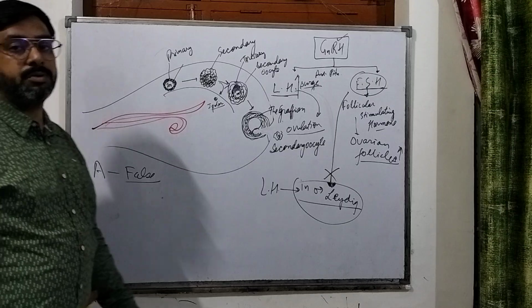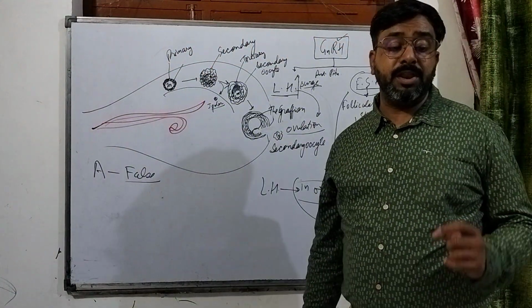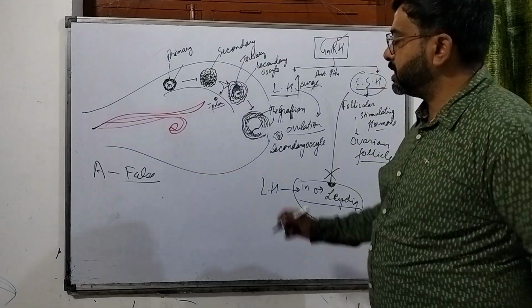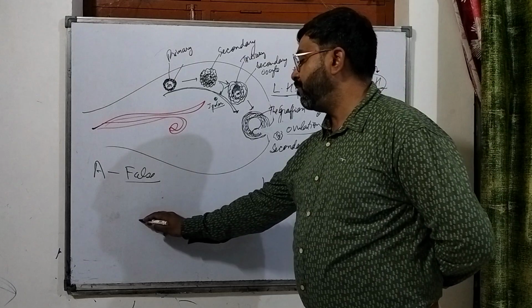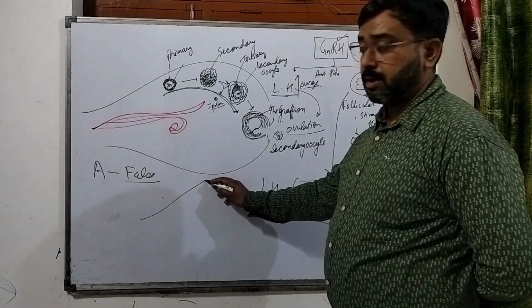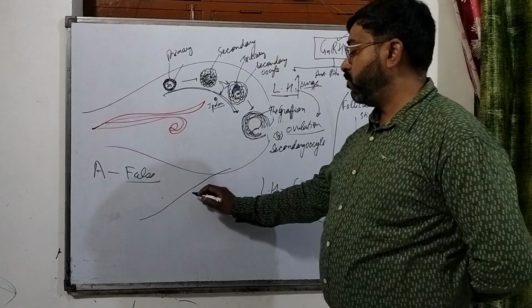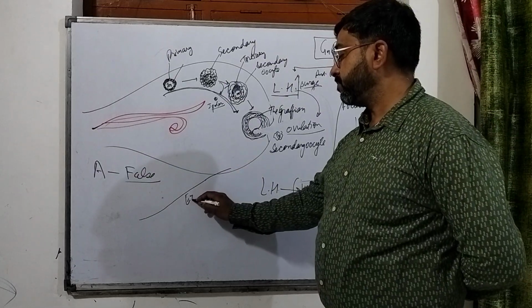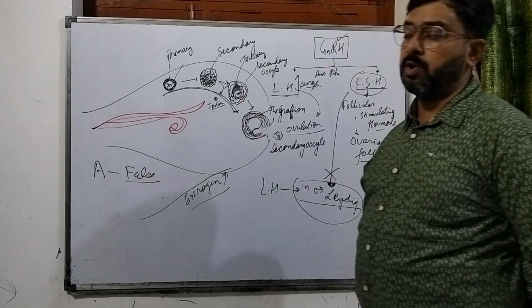Now we will check the reason. I am reading the reason. It says growing ovarian follicles secrete estrogen. Yes, these growing ovarian follicles will increase the level of the ovarian hormone, which is estrogen. So the estrogen level will rise due to the follicular growth.